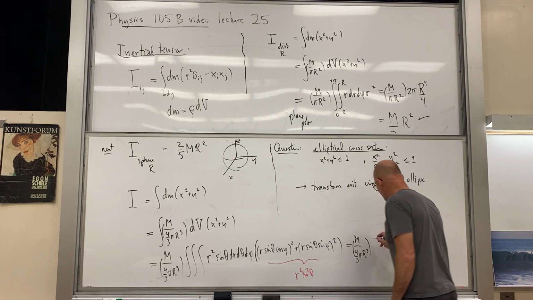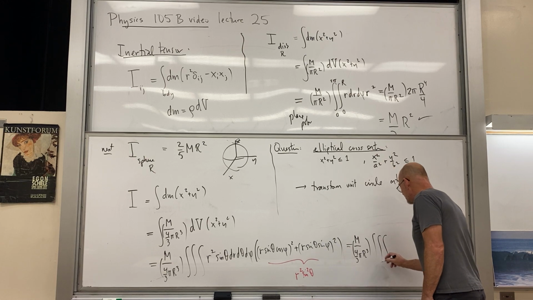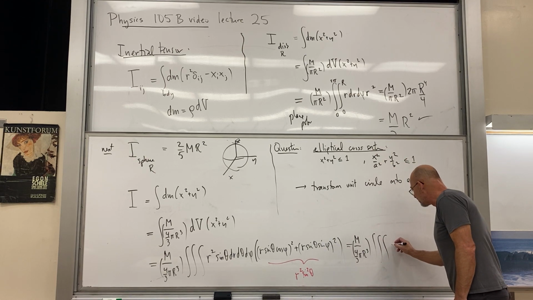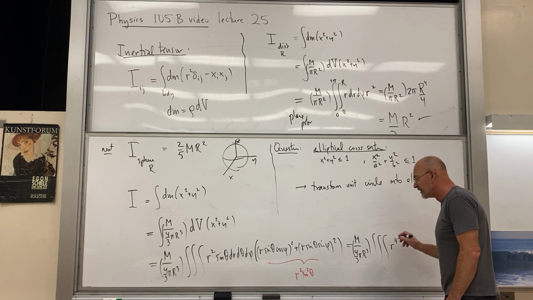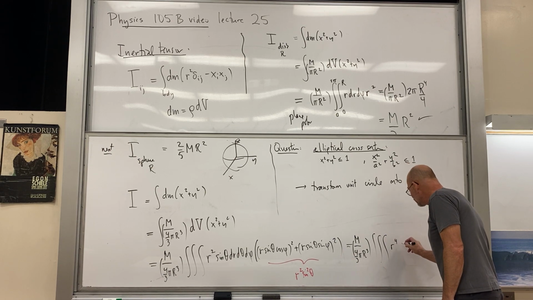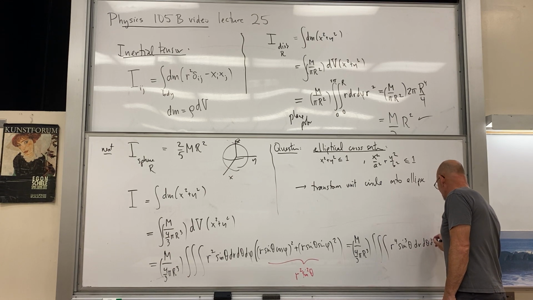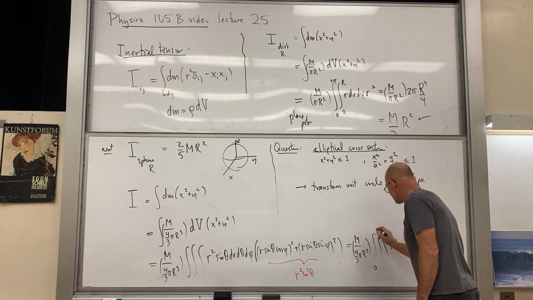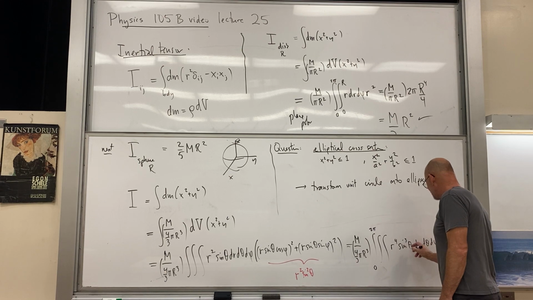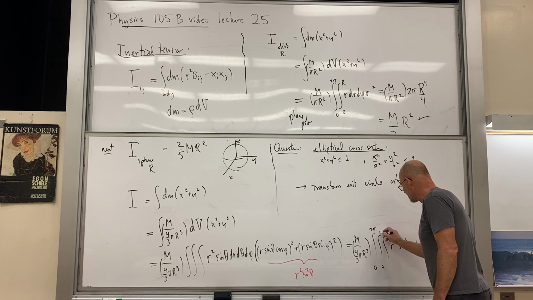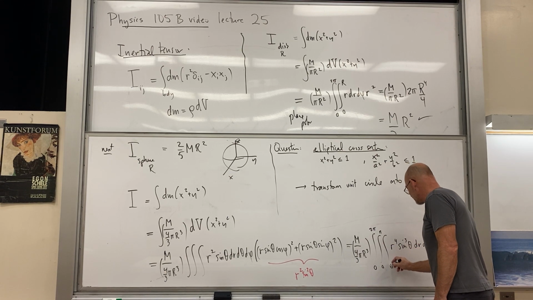So we actually have r to the 4th sine cubed theta. We've got dr d theta d phi. d phi is 0 to 2 pi. The d theta is 0 to pi for a sphere, and the dr is 0 to capital R.